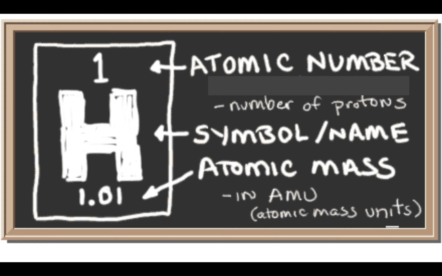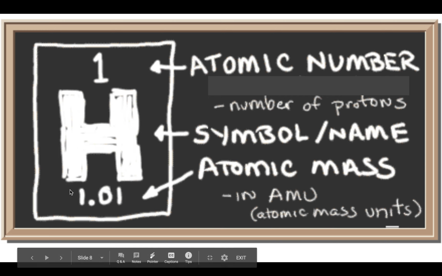So what I want you to know is that your atomic number is your number of protons. If you change the protons, you're changing the atom. You're changing the element. So that number always, always, always corresponds to that symbol for that element. Okay, so protons always tell you what atom we have.